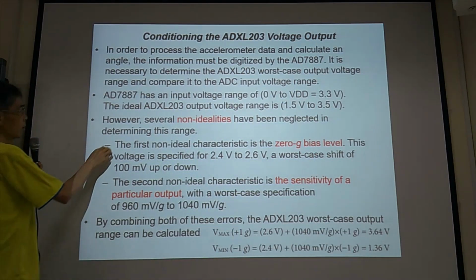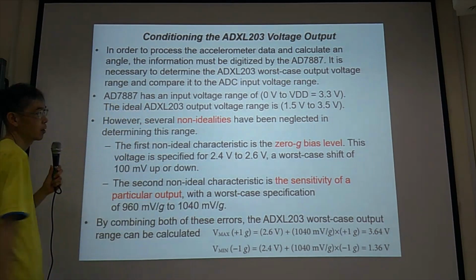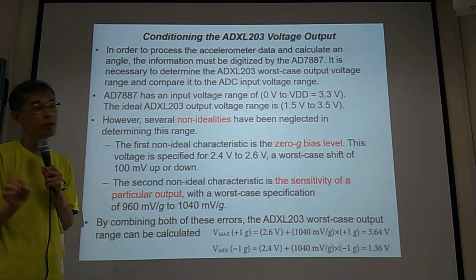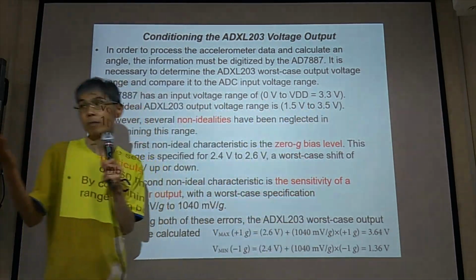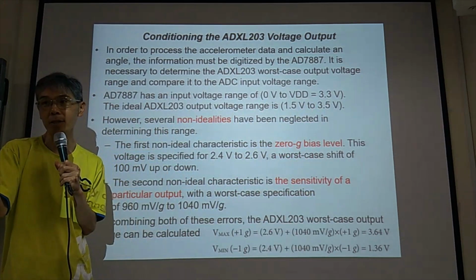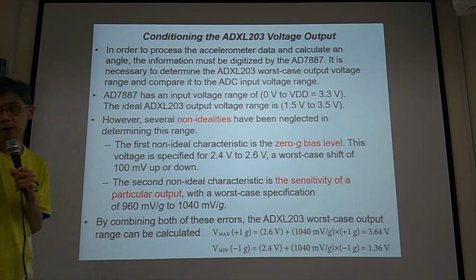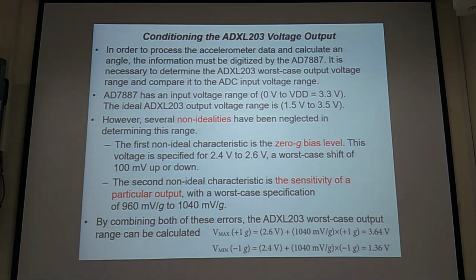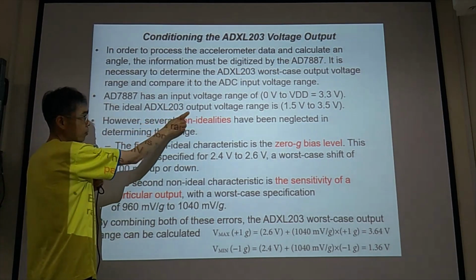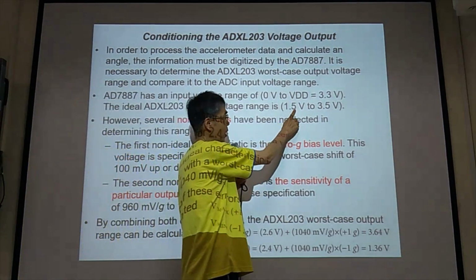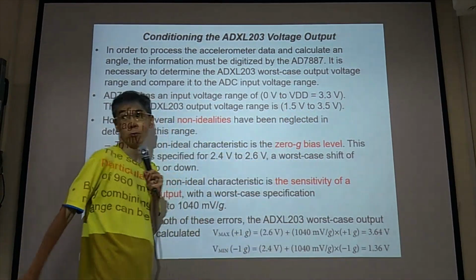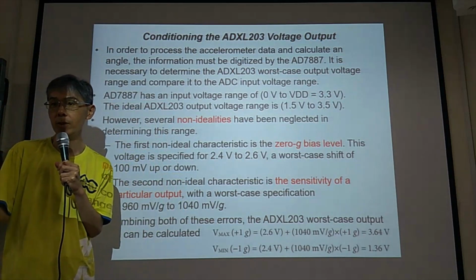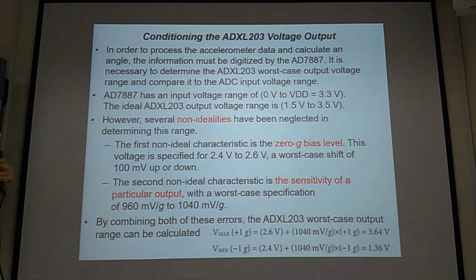Okay. So AD7887 for this IC, the input range is from 0 to 3.3 volts. So this is the rule. We bought this IC, then we need to follow their spec. But the ADXL203 output range is 1.5 to 3.5. So they do not match with each other. So that's why we need to design a buffer between them.